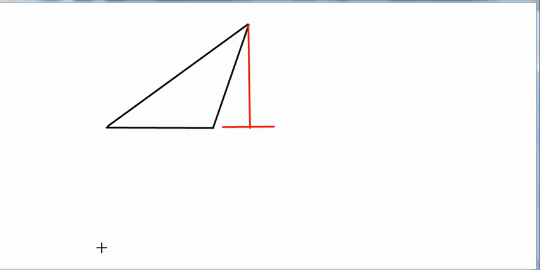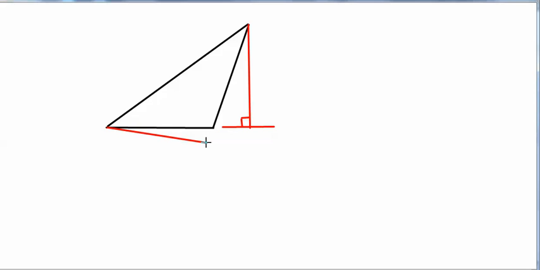So there's your altitude, one of your altitudes. There's only 3 because it has to start from a vertex, vertex to the opposite side. Is this going to be 90? So it's got to be out down here, doesn't it?